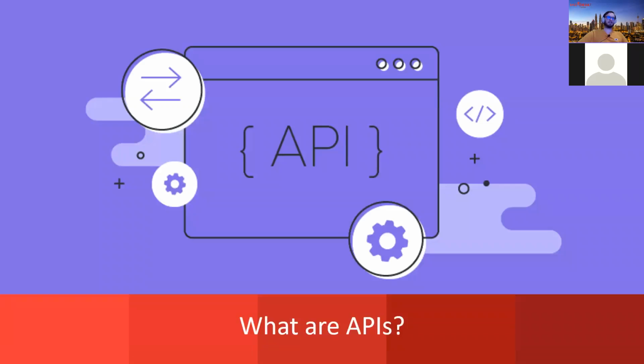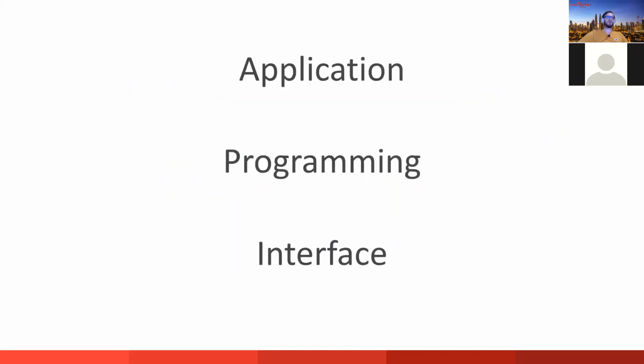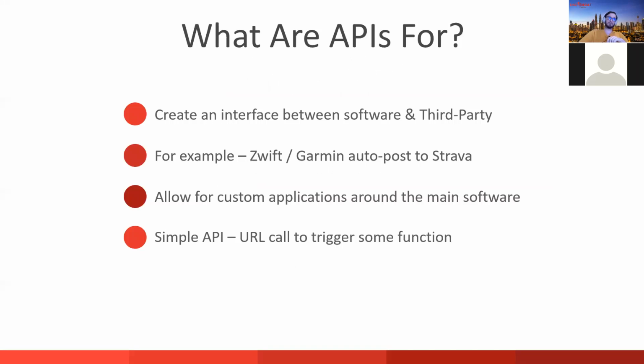So what are APIs? API stands for Application Programming Interface, and essentially it's a way of talking to another piece of software. Normally between a third-party platform, in the example I've got there, Zwift or Garmin can auto-post to Strava, and that uses the API from Strava to upload the data to your profile.